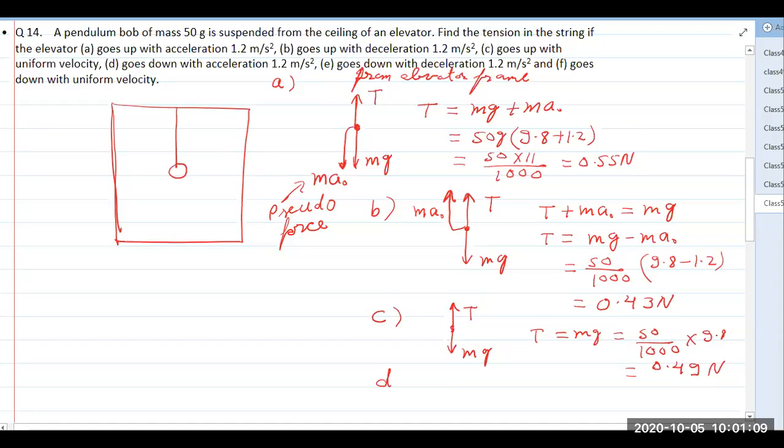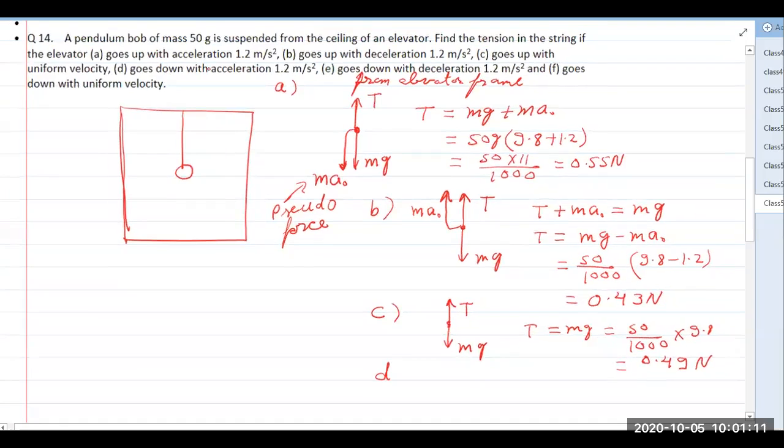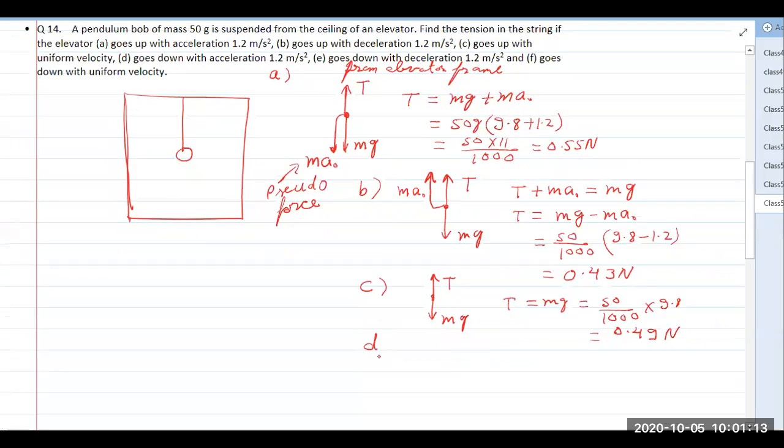Similarly for part D, goes down with acceleration. Goes down with acceleration means mg is there, down with acceleration. So the pseudo force will be just opposite to this. The pseudo force will be m a naught upward, and T will be upward. So T plus m a naught equal to mg.